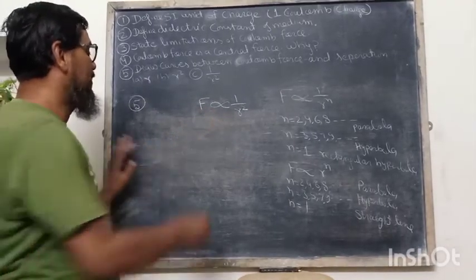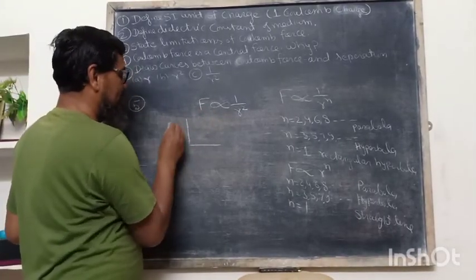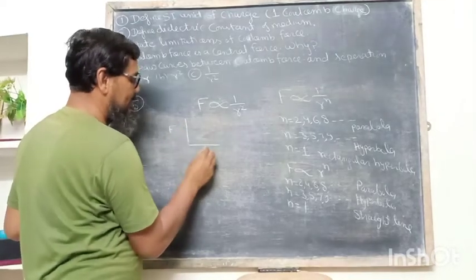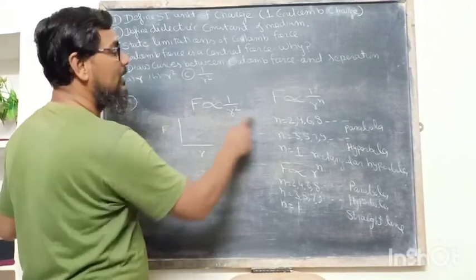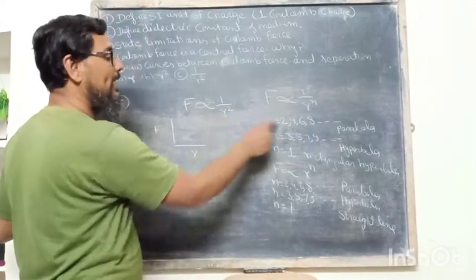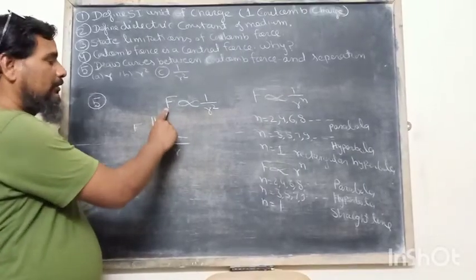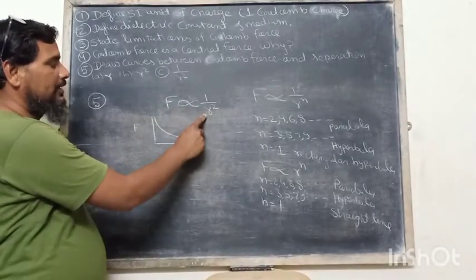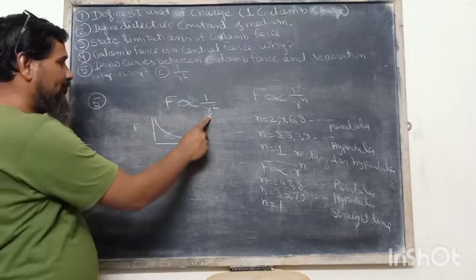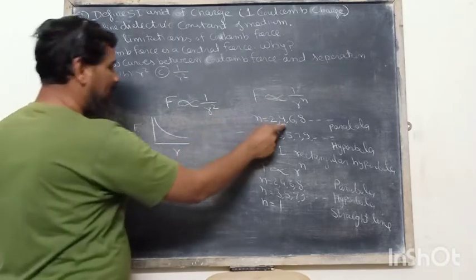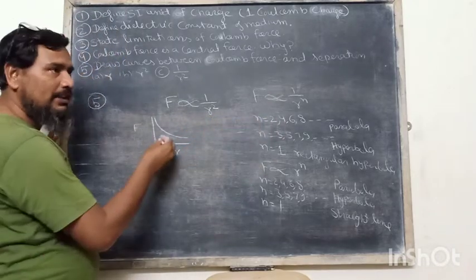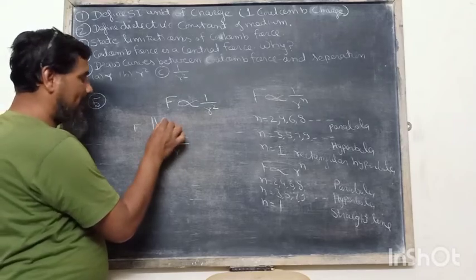So for this respect, if we want to draw the curve between F and R, this is F and this is R, then the shape of the curve will be R square, because the Coulomb force is inversely proportional to R square, and here the power is an even number, so the shape of the curve will be a parabola.